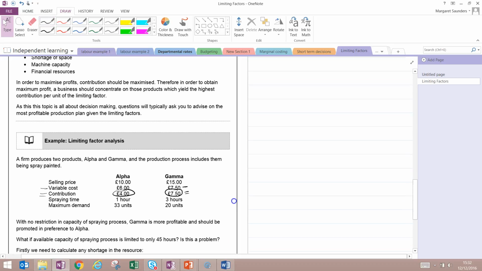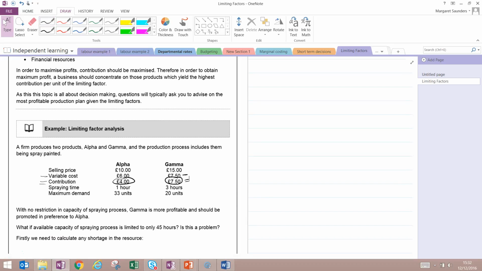However, what if the capacity of spraying is limited to only 45 hours? Is this a problem? If we look at the alpha, every alpha needs an hour of spraying time, and the gamma needs 3 hours of spraying time. We only have 45 hours available.